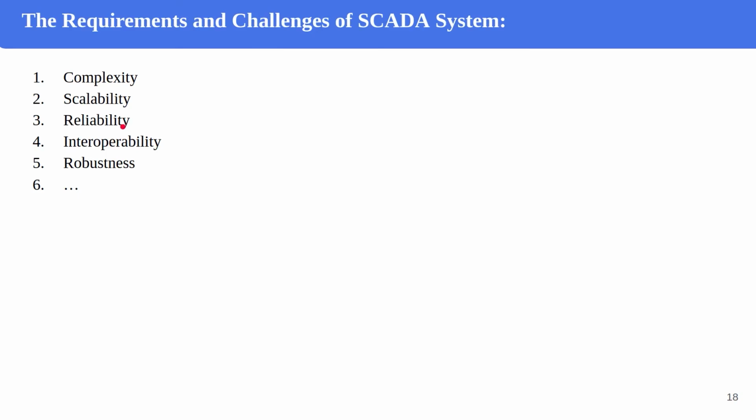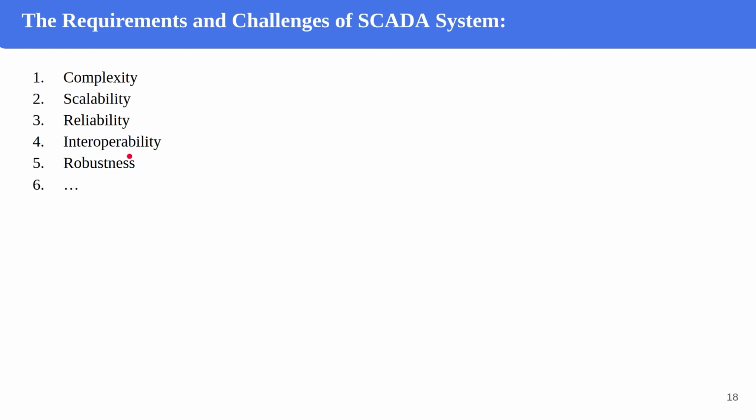We need reliability in a SCADA system. The main reason for a SCADA failure is the communication network failure. PLCs and computers have low failure compared to the communication network. The availability of the communication network should be increased for a more reliable SCADA system.